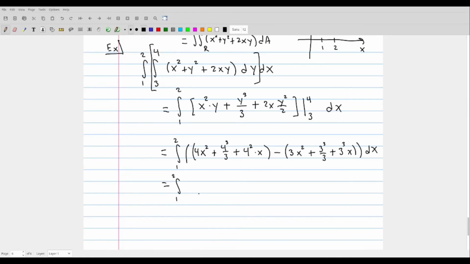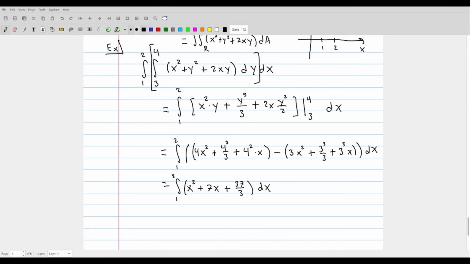It'll be x squared plus 7x plus 37 over 3, when you go through and simplify this expression right here.